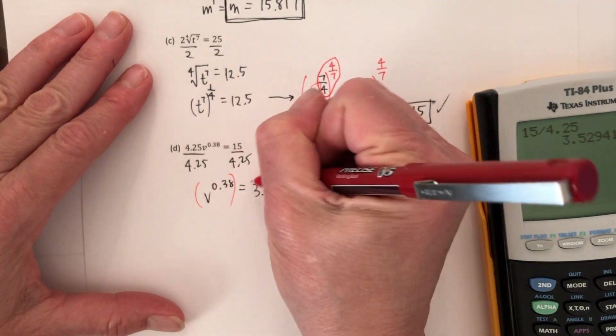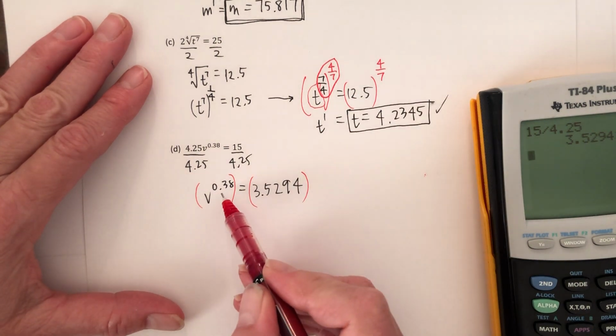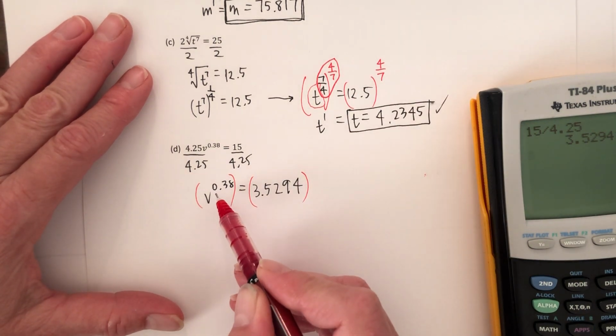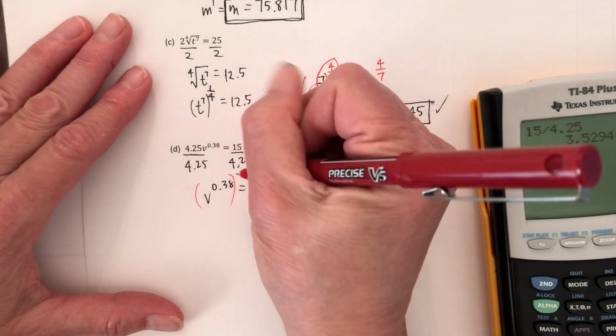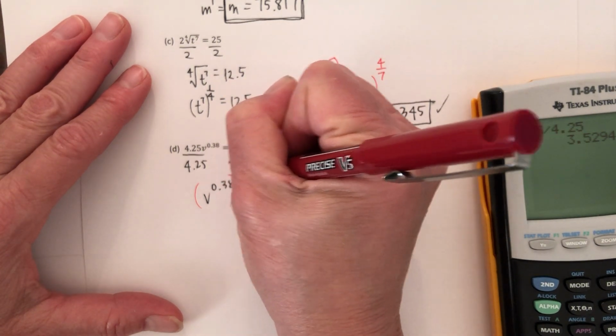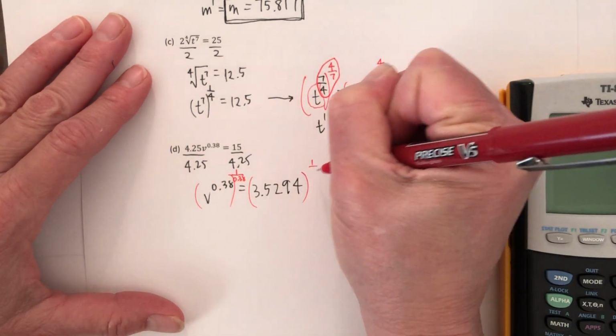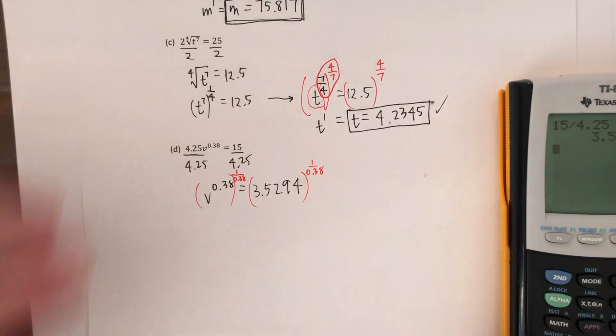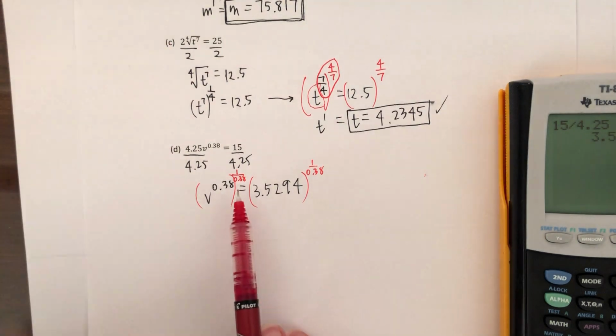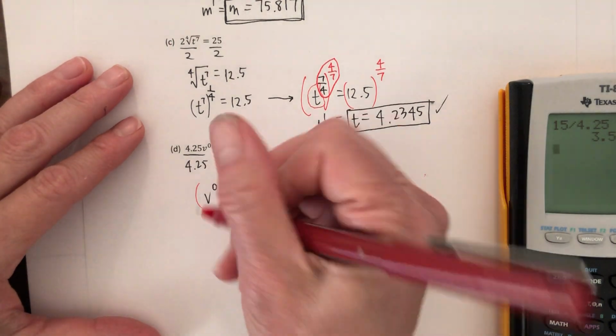So I'm going to raise it to some power. And what's been working is if I raise it to the reciprocal of this number here, that will create a v to the 1. So I raise this to 1 over 0.38. Same story over here. Got to do the same thing to the left and the right because I'm just totally introducing this new thing.